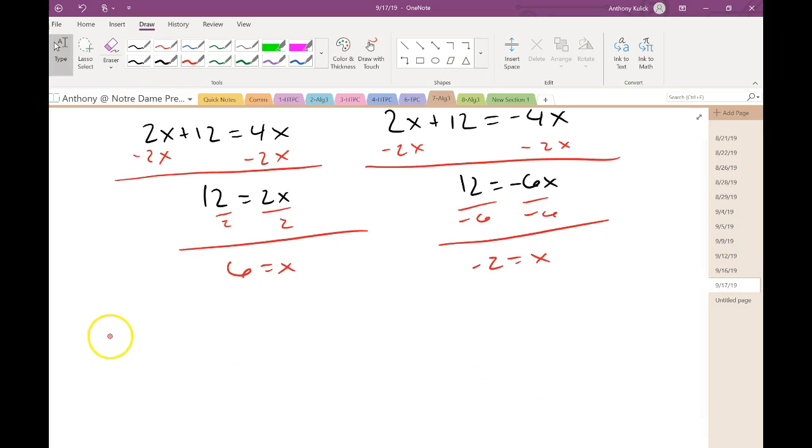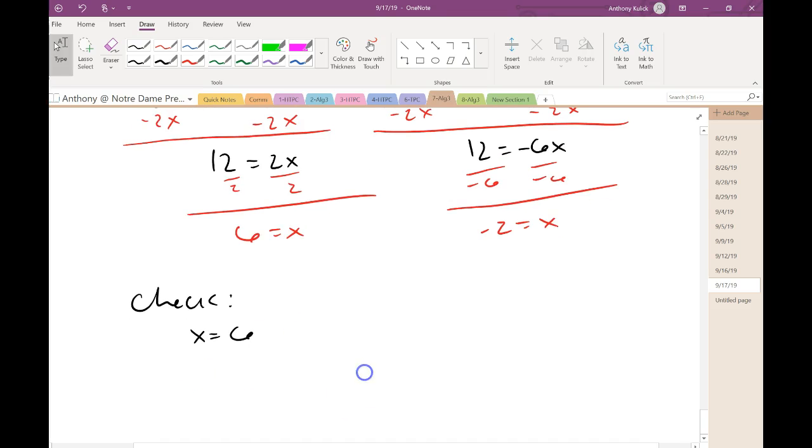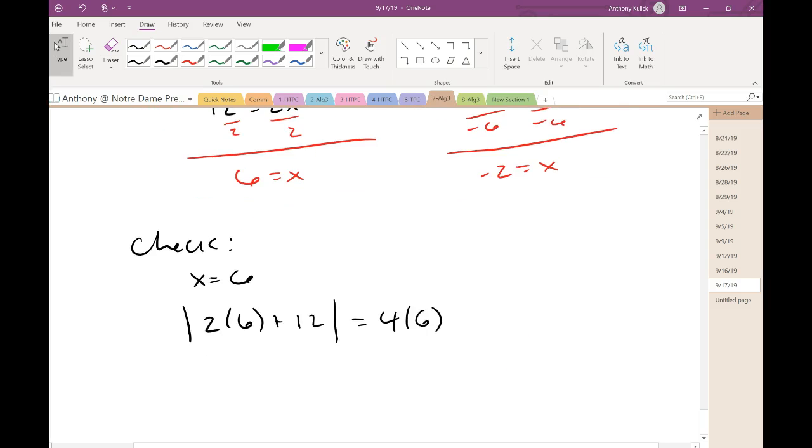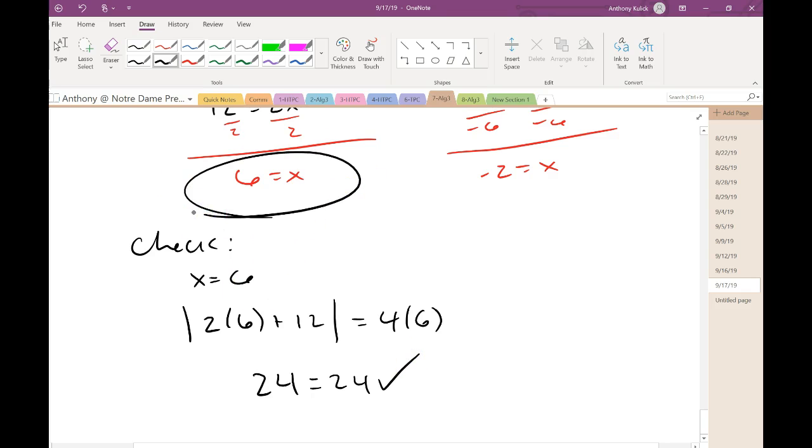And then my last step would be to check, right? 6 equals 6. 2 times 6 plus 12 should equal 4 times 6. Well, 2 times 6 is 12. 12 plus 12 is 24. The absolute value of 24 is 24. And 4 times 6 is 24. So that's one answer. Everybody agree?